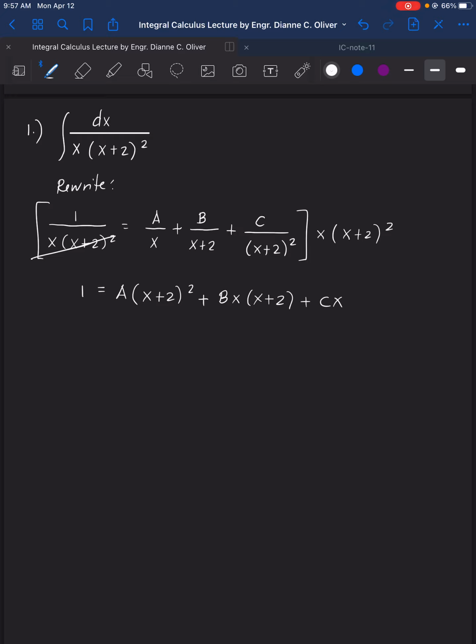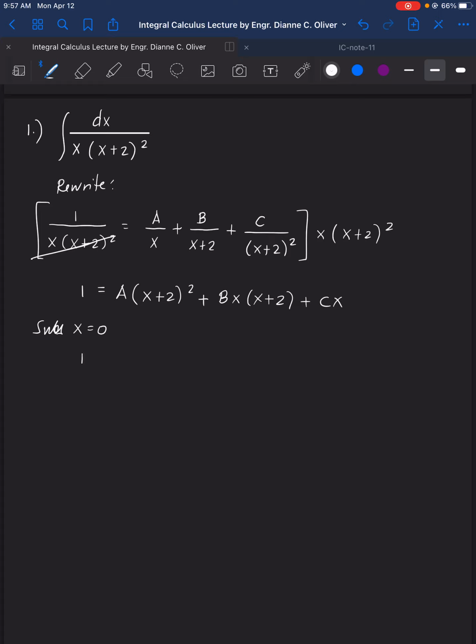Now if we want to get the value of a, from the previous video we learned that we have two methods in determining the values of the constants. I will choose substitution. Substitute x equal to 0.